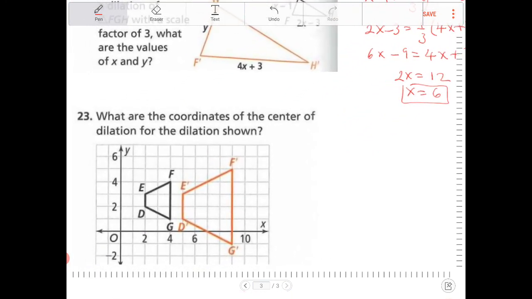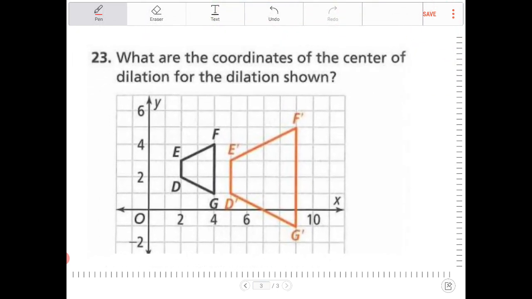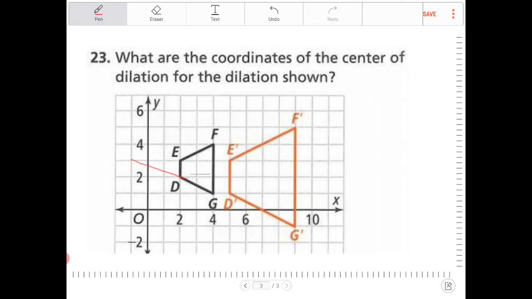What are the coordinates of the center of dilation for the dilation shown? So to find the center of dilation, all you've got to do is take all the corresponding points and draw and connect them together. And once you take two corresponding points and connect them together, and they intersect, it's going to be true for all of them.